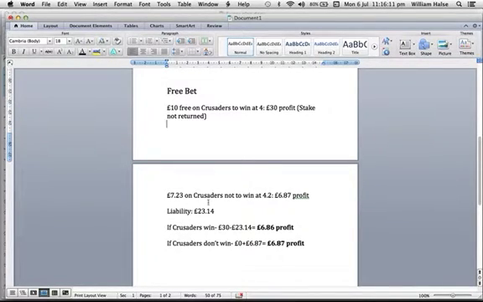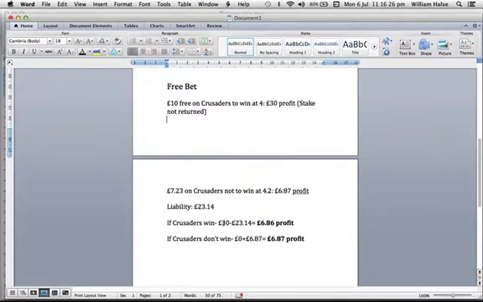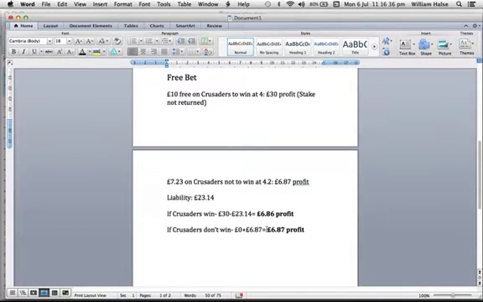However, they did win, so we have to pay out the other person who bet that the Crusaders would win £23.14. But that's okay, because we made a £30 profit at Paddy Power. So if the Crusaders win, we make a £30 profit at Paddy Power minus the £23 loss at Betfair, which gives us a £6.86 profit.